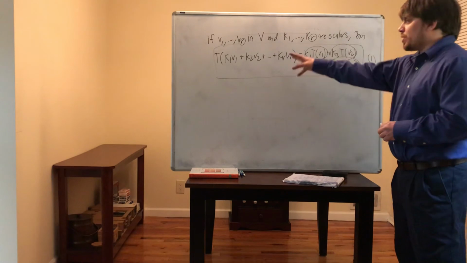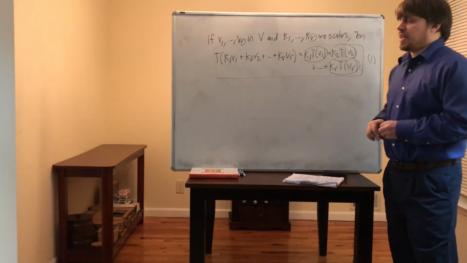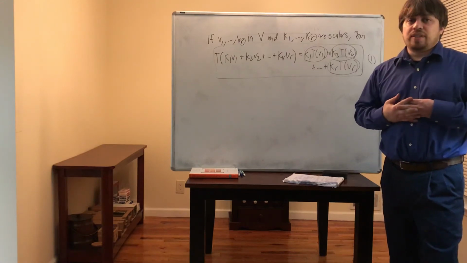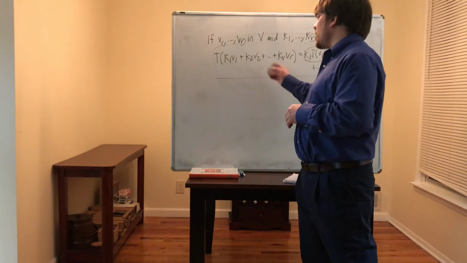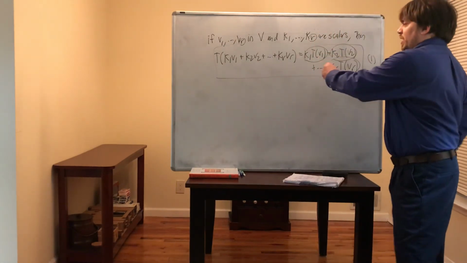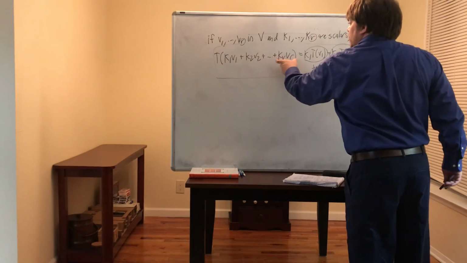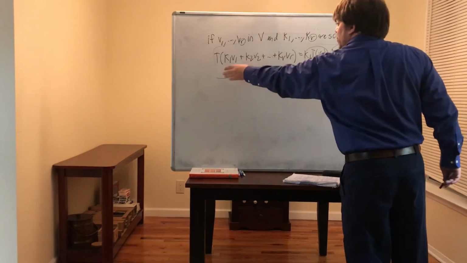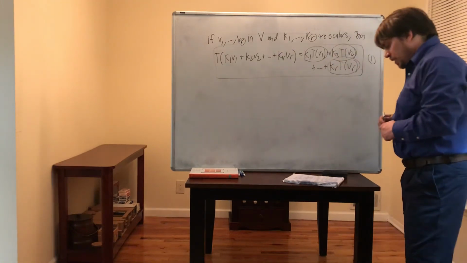This comes directly from the two properties in the definition of a linear transformation from V to W. I can separate T of a sum into a sum of T's, so T of this is T(k1 v1) + T(k2 v2) + ... + T(kr vr), and then for each of those T's I can move the constant out and get that.